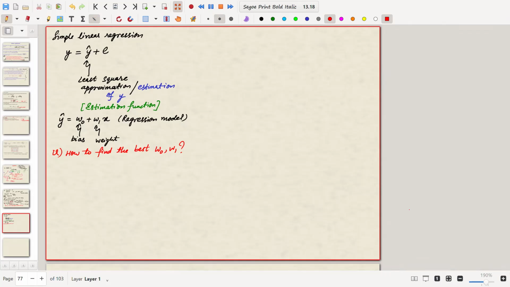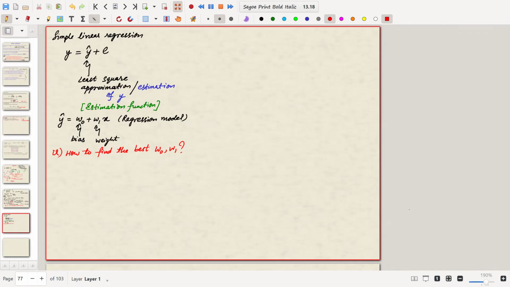You already learned it. Get ready with your notebook and pen, you have to do some calculations and tell me. Since you have already done optimization before, you should be able to do it. How to find the best w0 and w1?